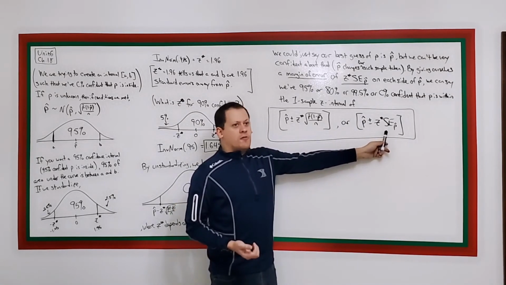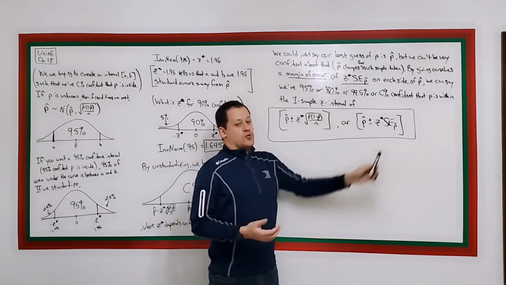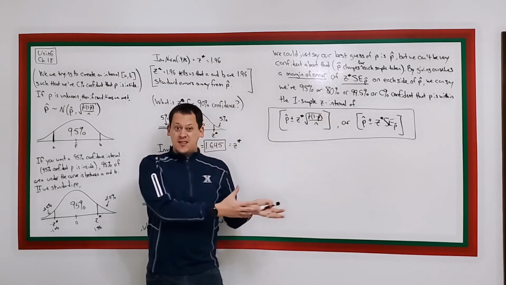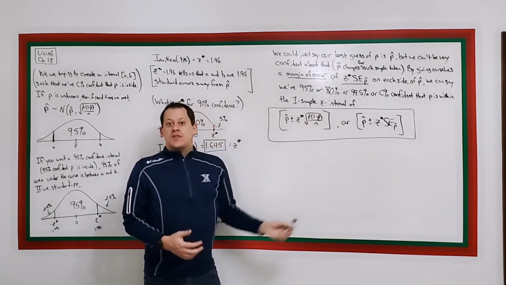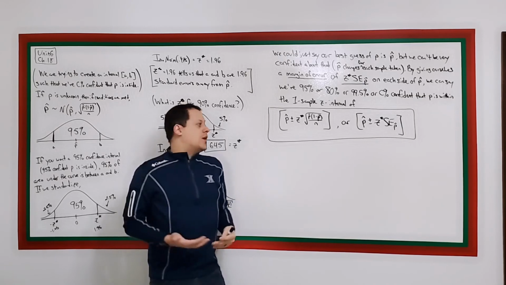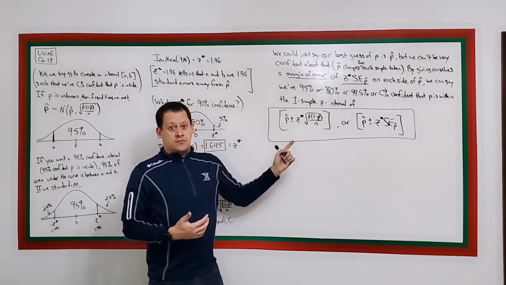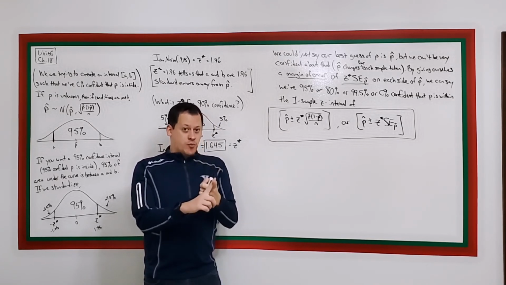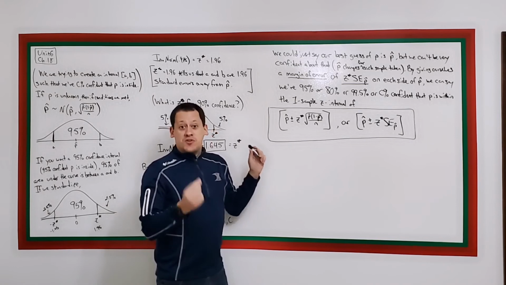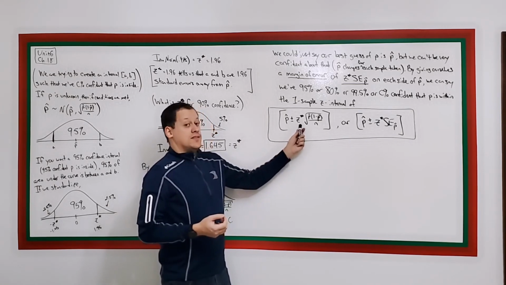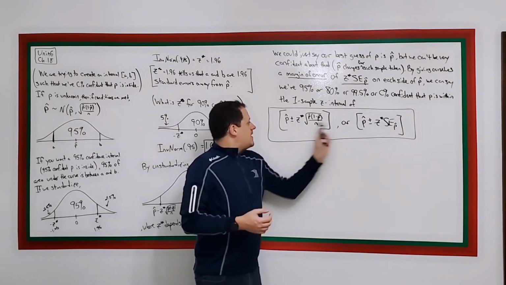This one is more helpful if we're comparing a one sample z interval to different types of confidence intervals that we're going to talk about later. This one is actually what you would use to plug in your numbers, right? And remember, all you need to calculate this interval is p hat, the sample proportion, n, your sample size, and the percent confidence that you need, which will tell you what z star is. Okay? I've written it both ways.